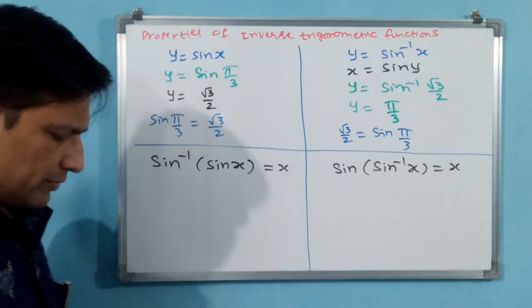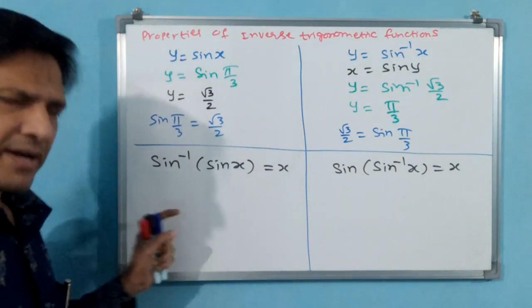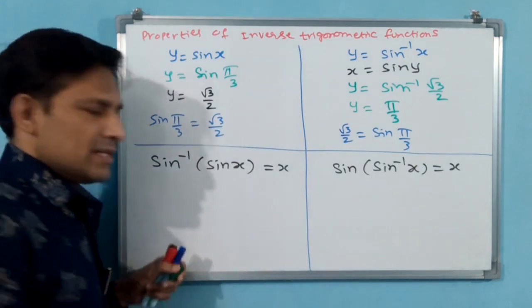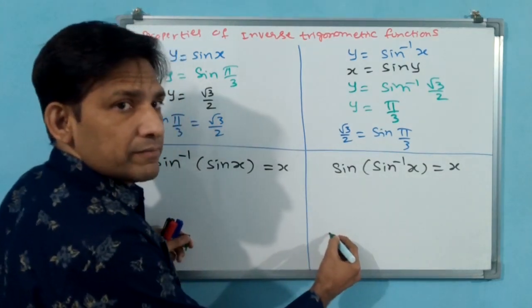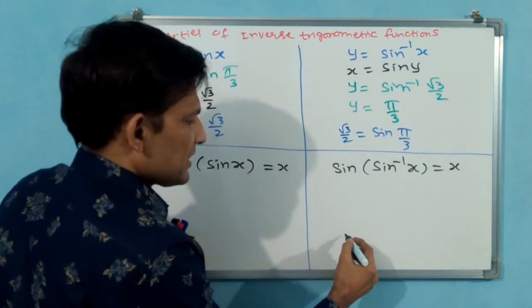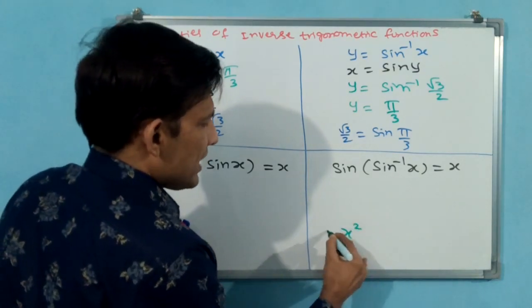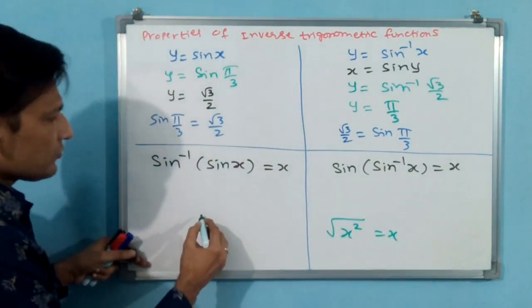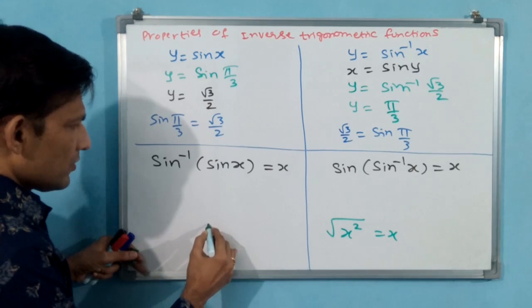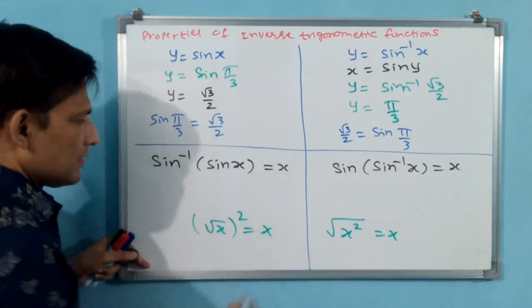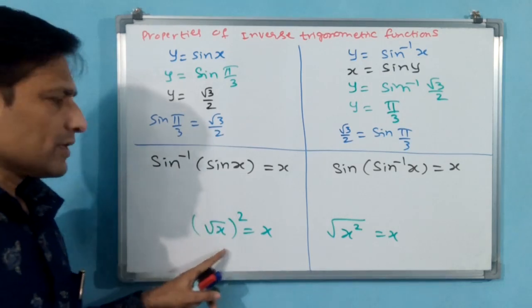You simply observe, not exactly, but for comparison and for memorizing, another operation I am telling, not a function. The square root of x square is equal to x. The square of root x is equal to x.